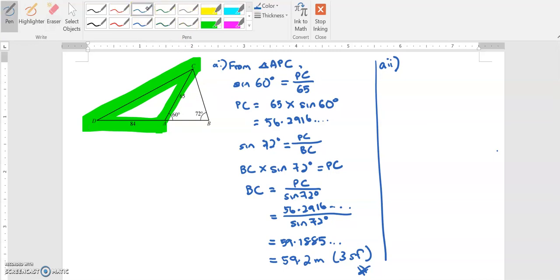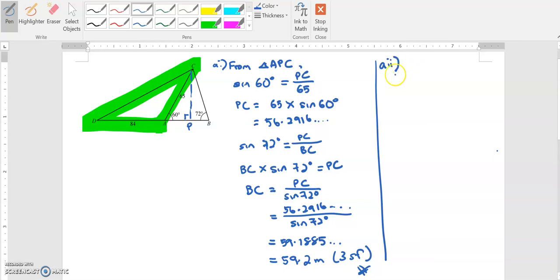Then I know the formula is half base height. If I deal with the base at 84, what is my height then? My height goes back to what we have calculated just now earlier, PC. I know my base is 84. I have calculated PC earlier.